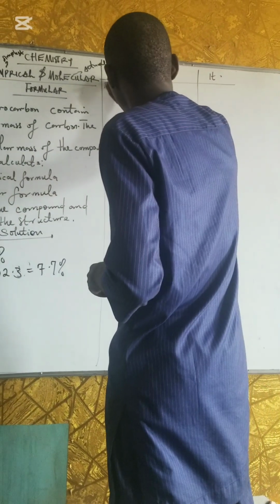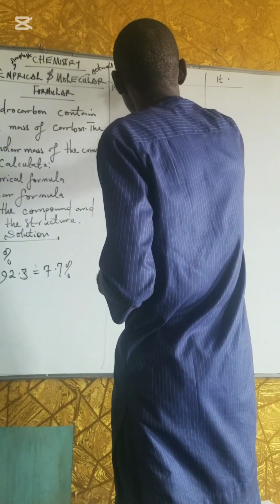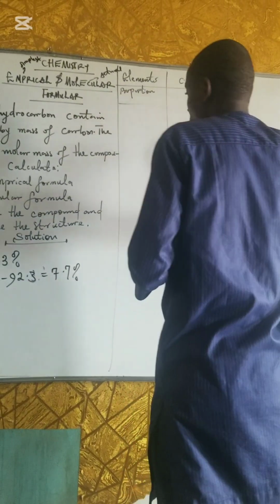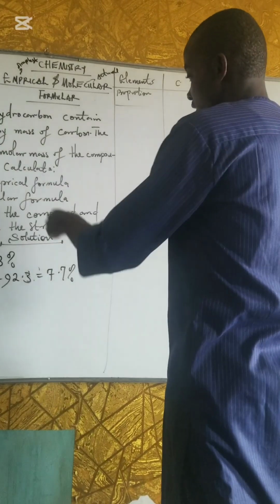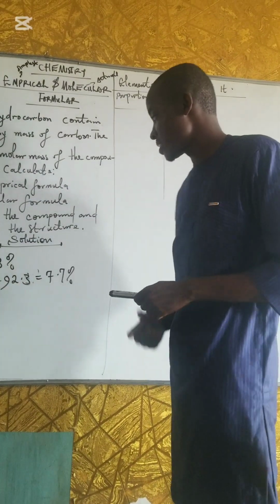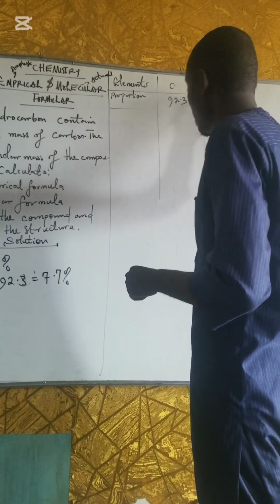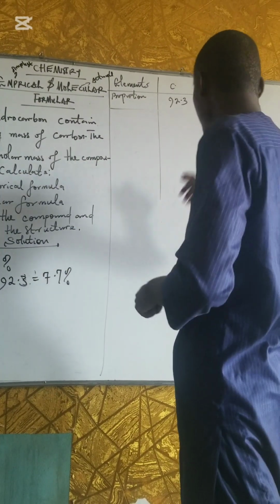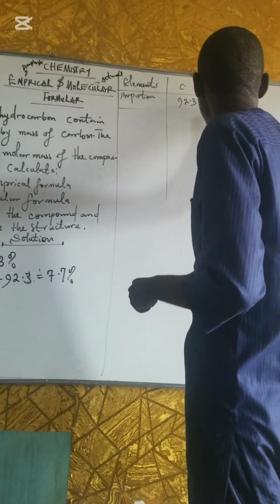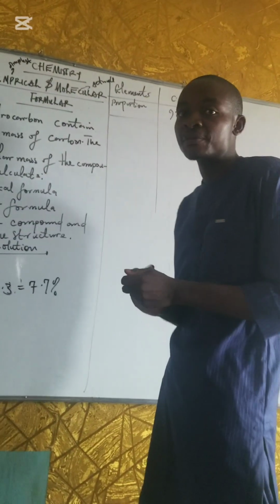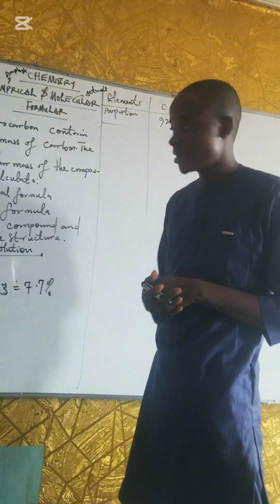So what is their proportion or composition? Proportion by mass. The proportion of carbon given is 92.3, while that of hydrogen calculated is 7.7.